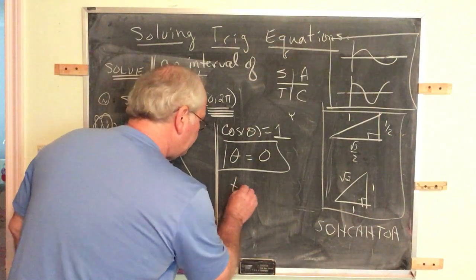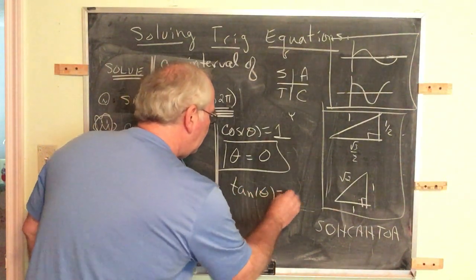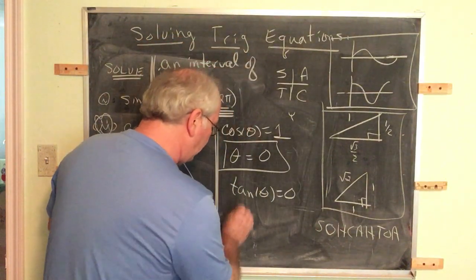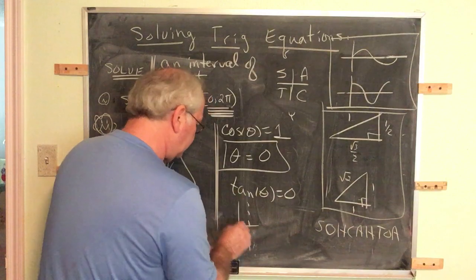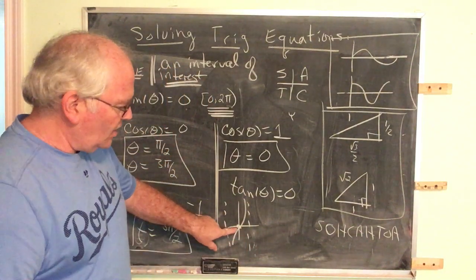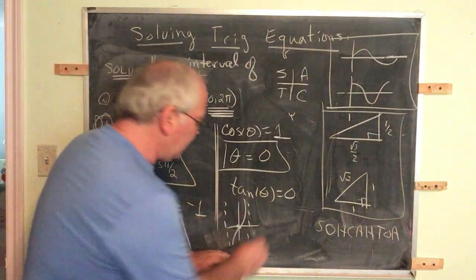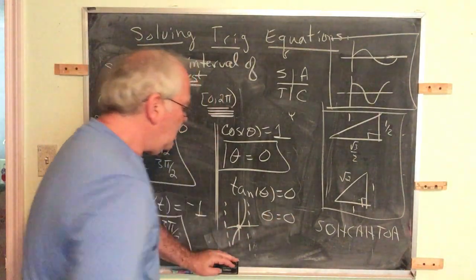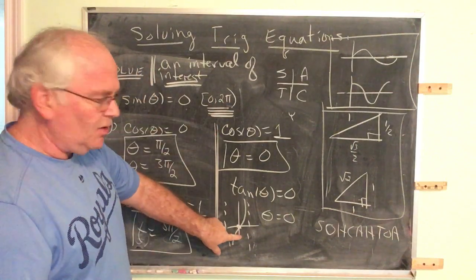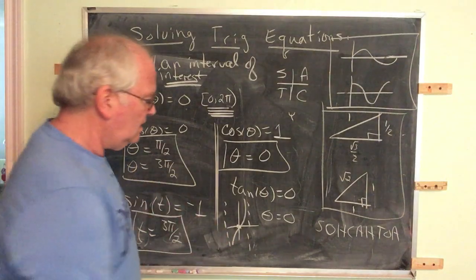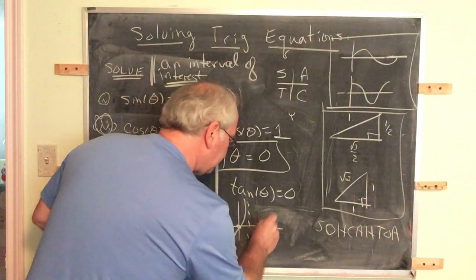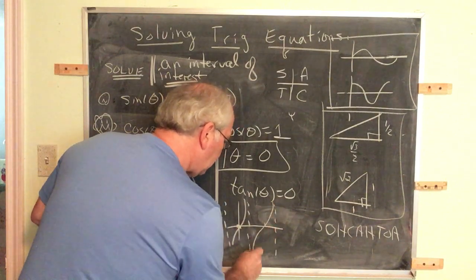One last bit. Tangent theta equals 0. That's sort of that special picture. We know what the graph of tangent looks like. Where does tangent cross the axis? Yeah, at theta equals 0. But we're solving from 0 to 2 pi. There's more to the picture than this. Because the next comes out here.